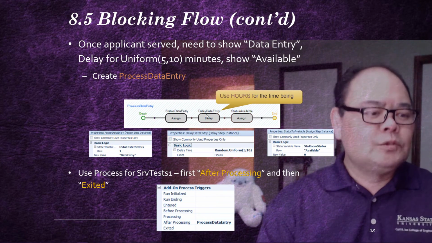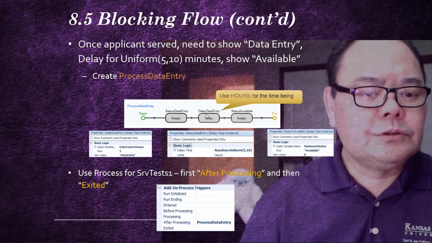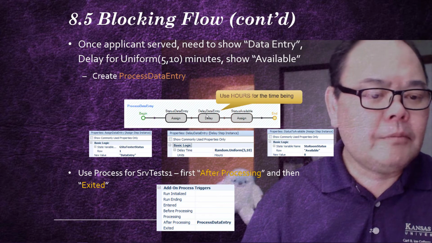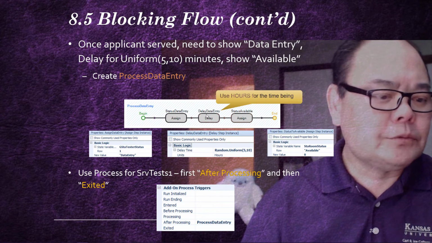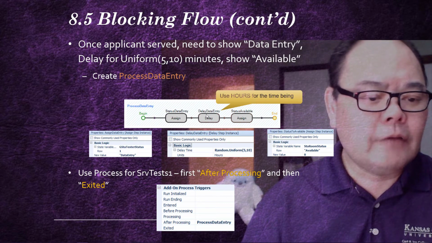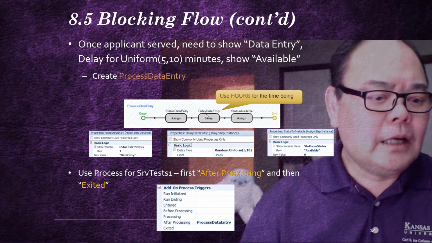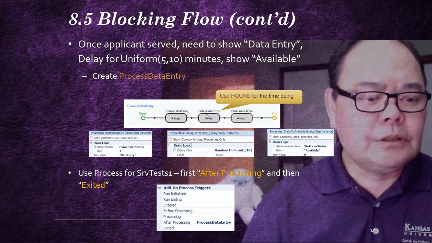Once the applicant is served, we need to show the data entry for a period of time between 5 to 10 minutes, then show available afterward. So we need to create a generic process, data entry.